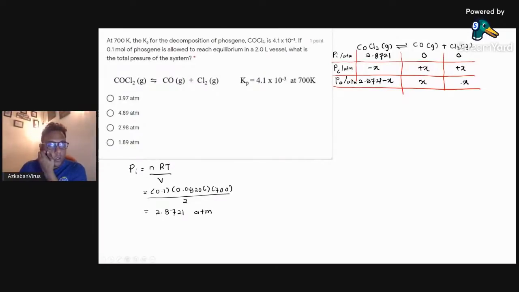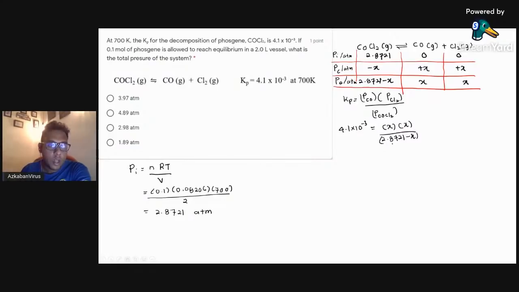We know that Kp is equal to PCO PCl2 bahagi dengan PCOCl2. So Kp kamu adalah 4.1 darab 10 kuasa negatif 3 ni sama dengan X darab X bahagi 2.8721 tolak X. Ini tak boleh assume, you kena buat kuadratik.